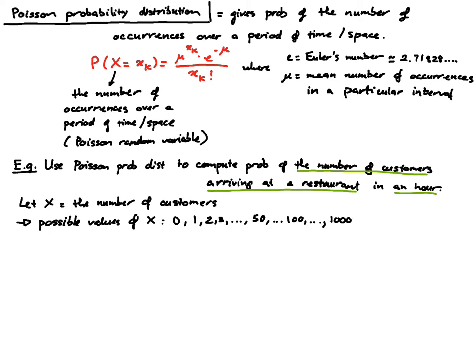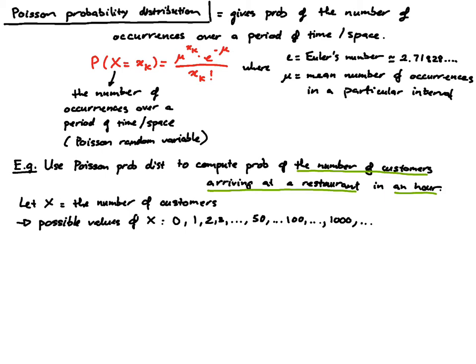It's unlikely, but it's not impossible. You can have as many people show up in an hour as you want. The larger the number, the less likely it is, but it's not impossible for 1,000 people to all of a sudden show up at a restaurant in an hour.